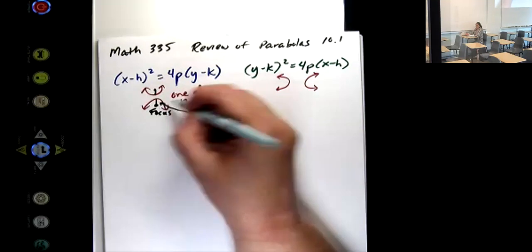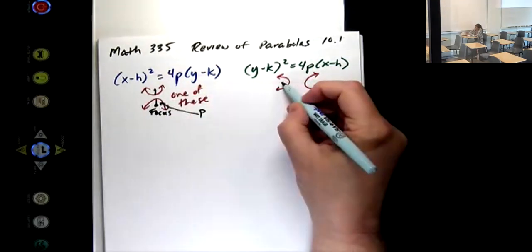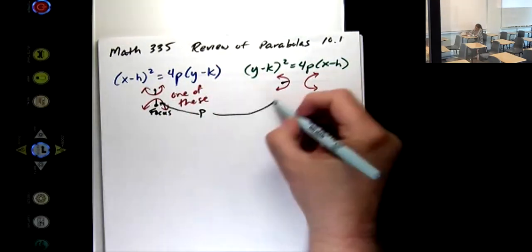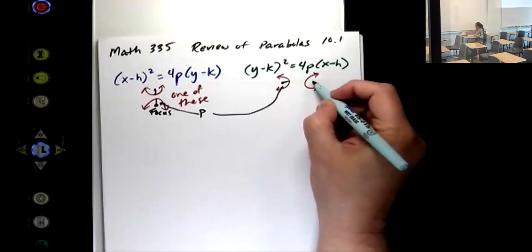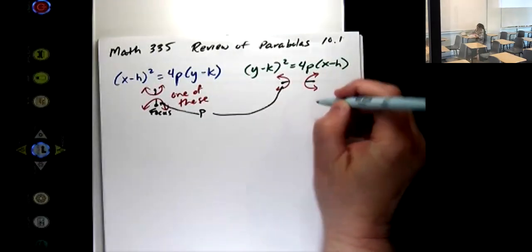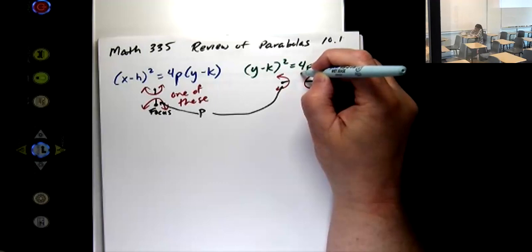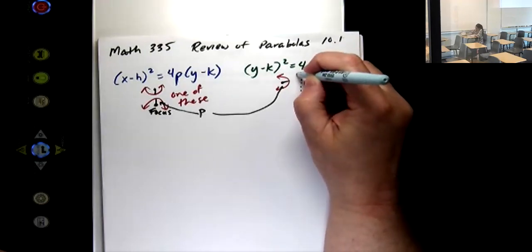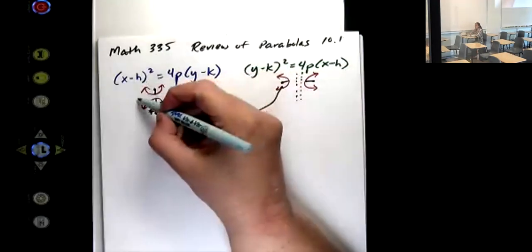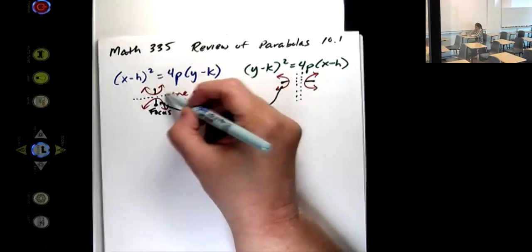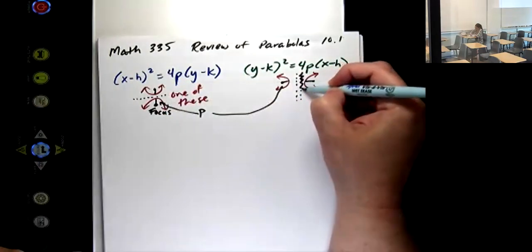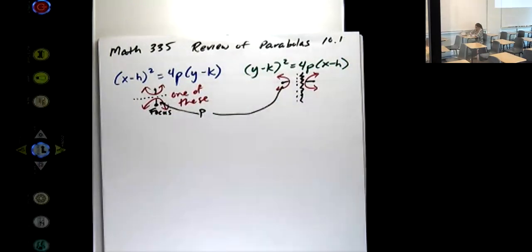That distance right there was P, or over there. And in all of them, we had a directrix that was on the other side.